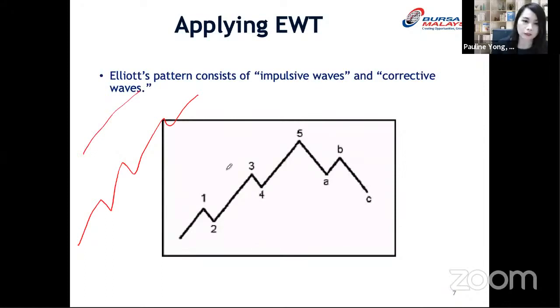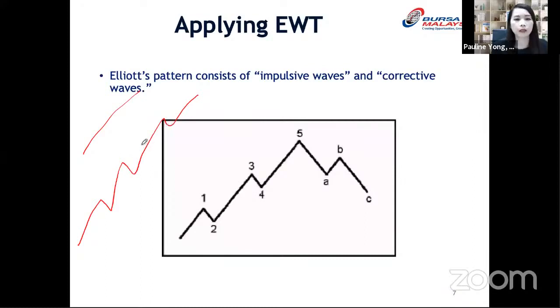There must be a retracement. The retracement part we have done in Fibonacci, where we look at how many percent of retracement there is before it continues to move higher. And then you have another retracement, and then it moves higher.